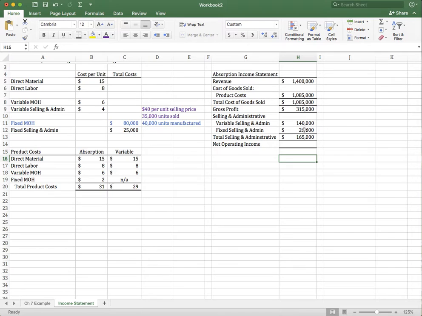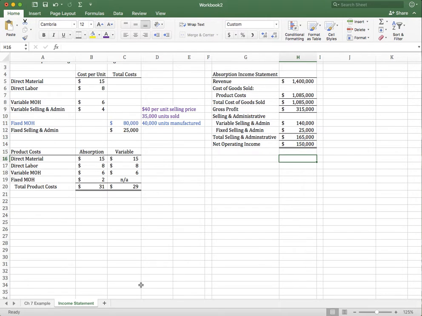The total selling and administrative is going to be $165,000. So to calculate net operating income, we're going to take gross profit and subtract total selling and administrative. Under the absorption method, our net operating income is $150,000.